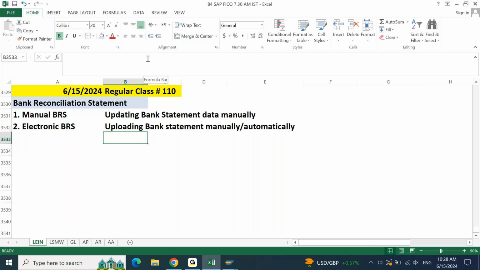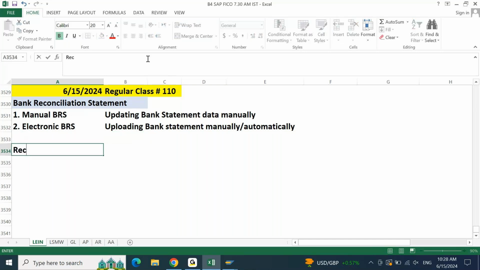Here you are going to get 2 points. First point you'll have to understand: reconciled transactions and unreconciled transactions.